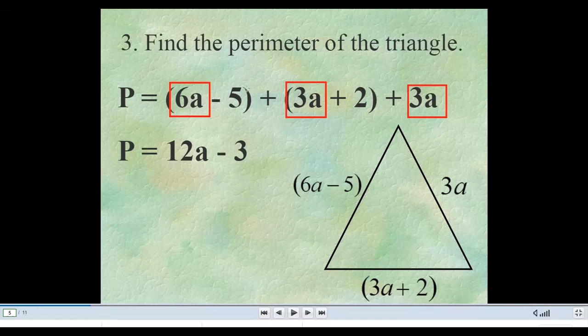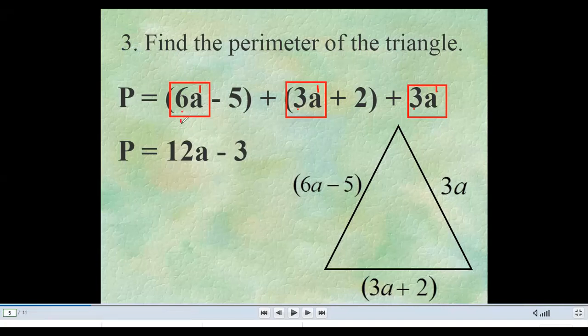Yes, because all of them have a to the power of 1. We said it could be a different coefficient. So I have 6 and 3 and 3. It doesn't matter if we have different coefficients, but we are looking for the same variable with the same exponent. So I have a, so we can say that they are in the same group.